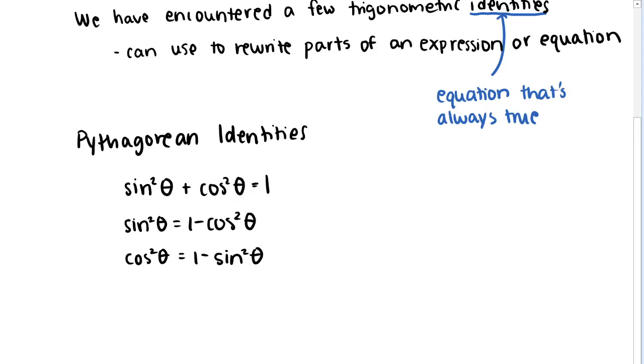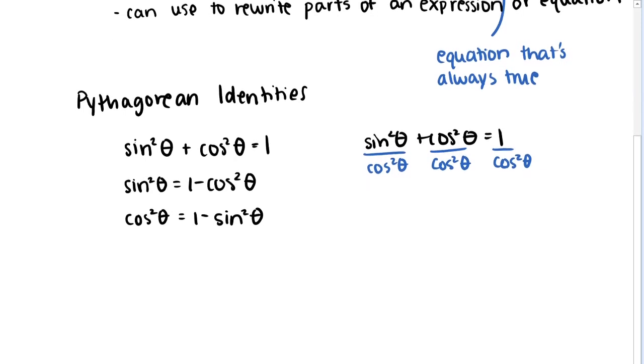We can take our equation and divide both sides by the same number and still end up with an equation that's always true. One thing we can divide by is cosine squared of theta. If I divide the entire right side by cosine squared of theta, I divide the entire left side by it too, meaning every term on the left.